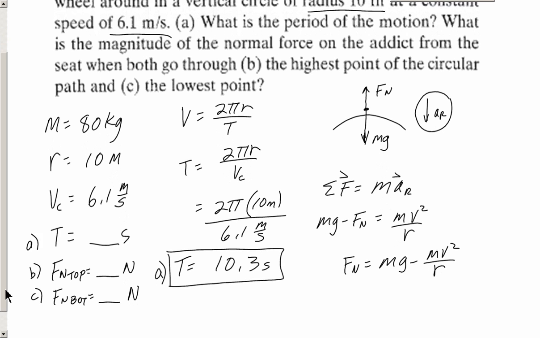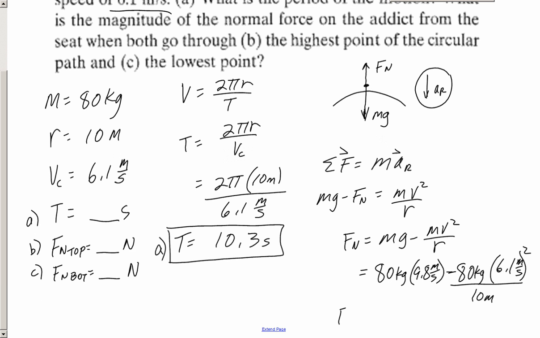So that's going to make him appear lighter because it's his 80 kilograms times the 9.8 meters per second squared, minus the 80 kilograms again times the 6.1 meters per second quantity squared over the radius of 10 meters. That should give us the normal force. Okay, so grab your calculators and let's go.